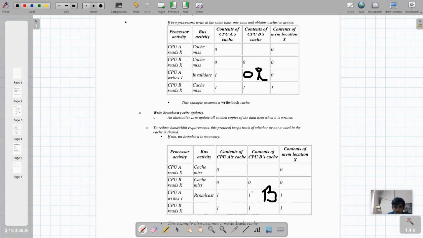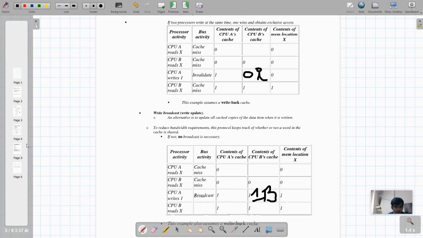So what CPU B does, it updates its cached copy with the new data item. So now you can see that there is no inconsistency problem, there is no cache coherence problem. All the caches have access to the latest data value.